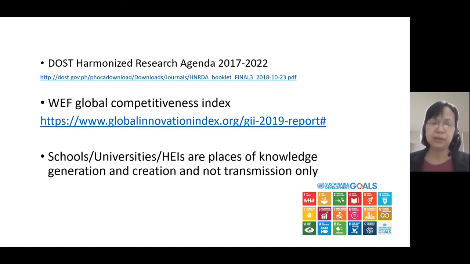Okay, again, our universities, our higher educational institutions should be places where knowledge is generated and not only transmitted. So that is the major motivation of this talk, because we want to increase the global competitiveness index of the Philippines.